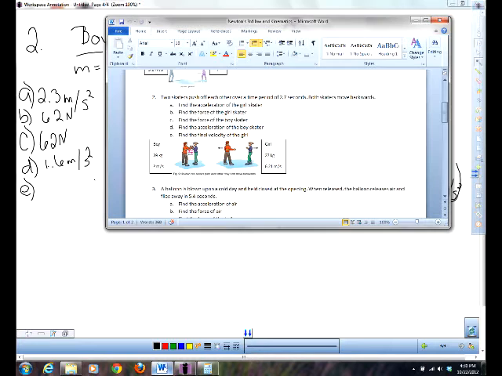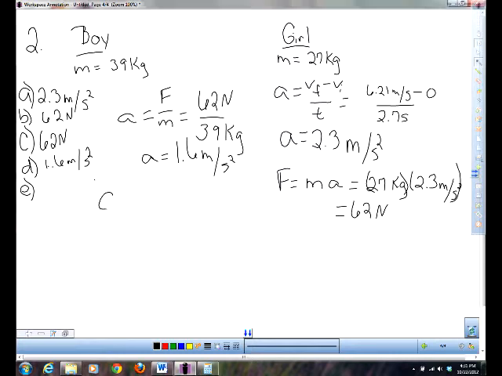Alright, and then the last part says find the final velocity. I bet that's supposed to be of the boy. So again, acceleration is equal to final velocity minus initial velocity over time. His acceleration, well, let's rearrange this equation first before we plug in numbers.